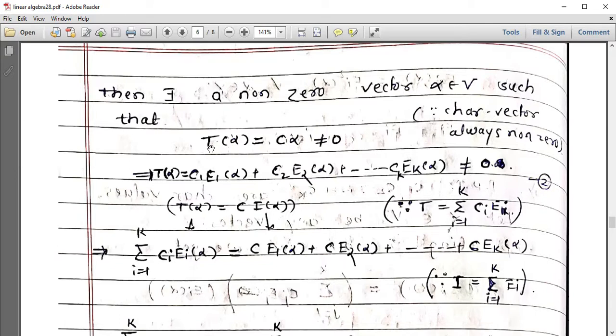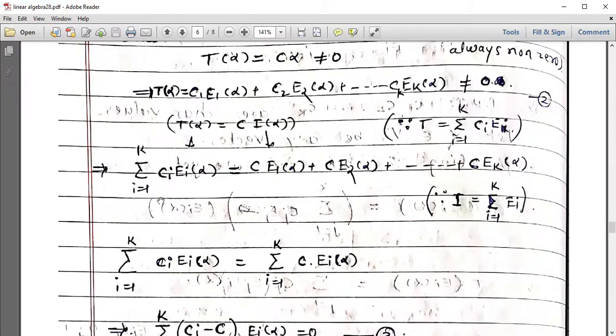This T becomes like this, and this alpha becomes I of alpha, which is summation i equal to 1 to k of Ei.